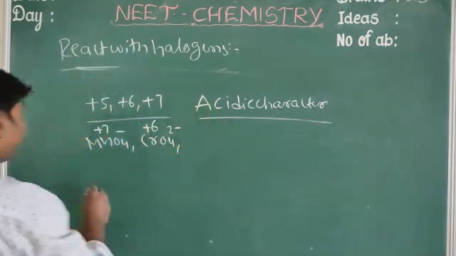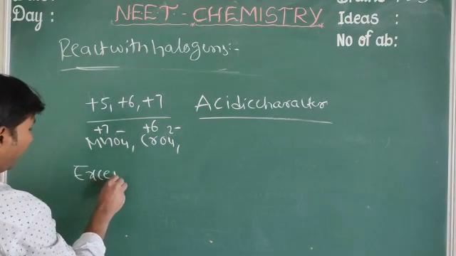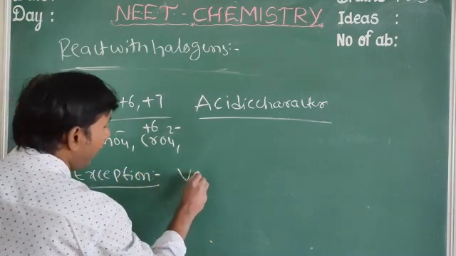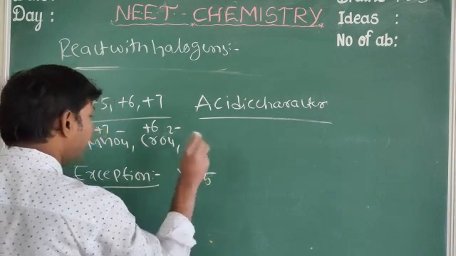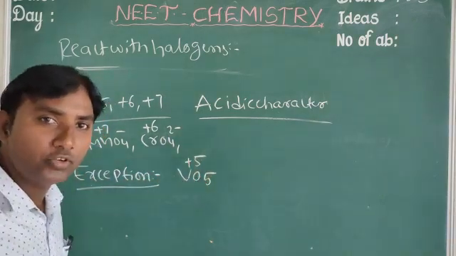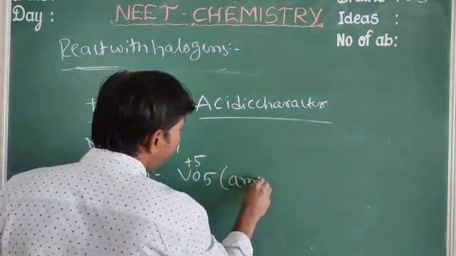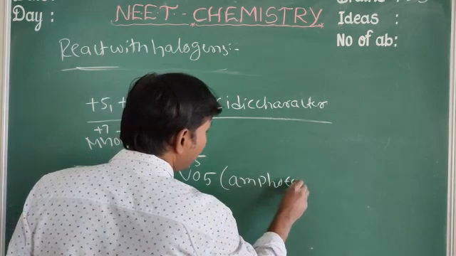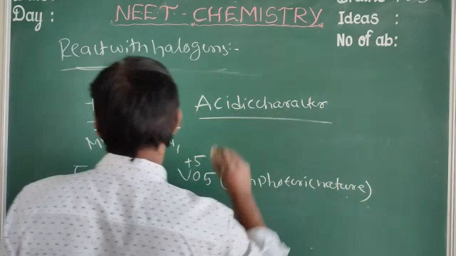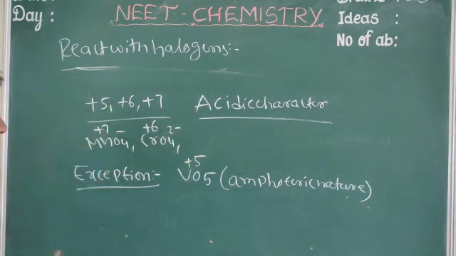Then the exception: vanadium pentoxide, +5. Although it has the +5 oxidation state, it shows amphoteric nature.